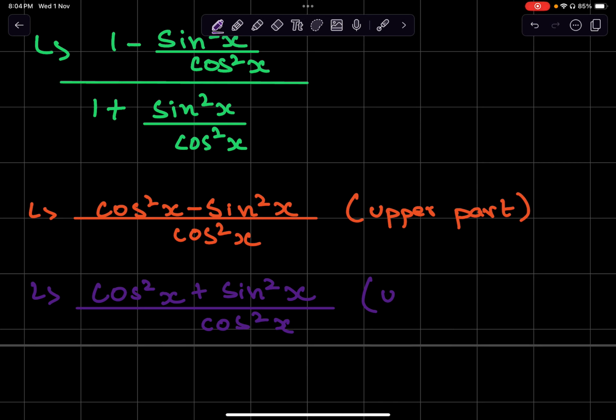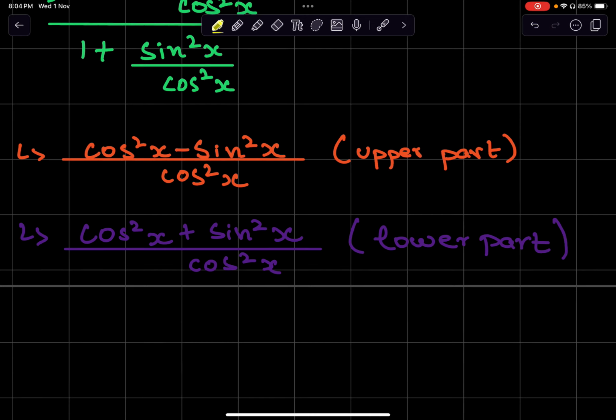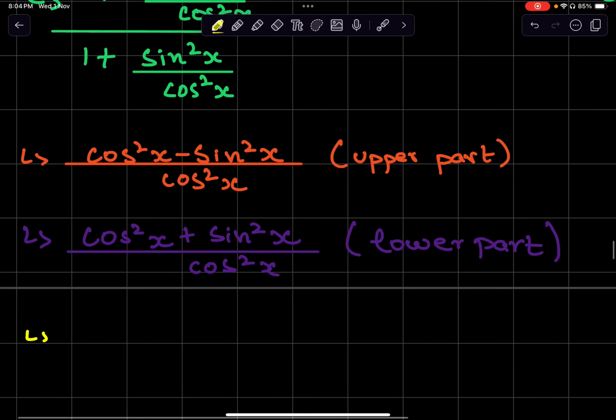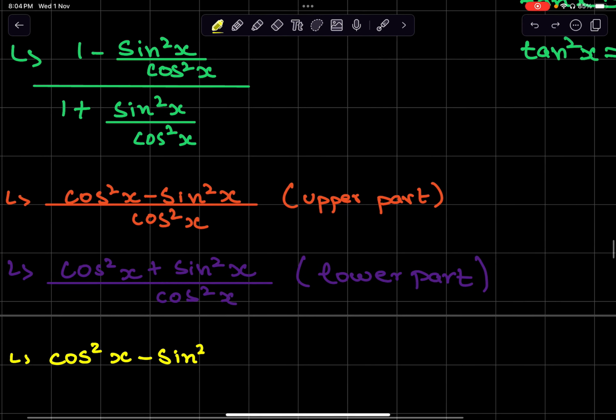This is the lower part of your fraction. Now we are going to solve it in the same way we solve a fraction. So cos square x minus sine square x, this whole portion, we are going to divide it by the lower portion, right? We broke it into parts.